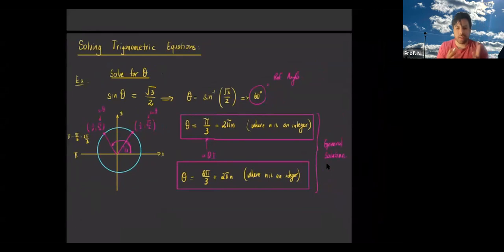My general solution is composed of an infinite number of solutions, because n could be any integer. I can make this 100, for example, and so my other solution would be pi over 3 plus 2 pi times 100, which would be 200 pi. That's another solution. As much as I can change n, I can create a new solution. That's why it's an infinite number.